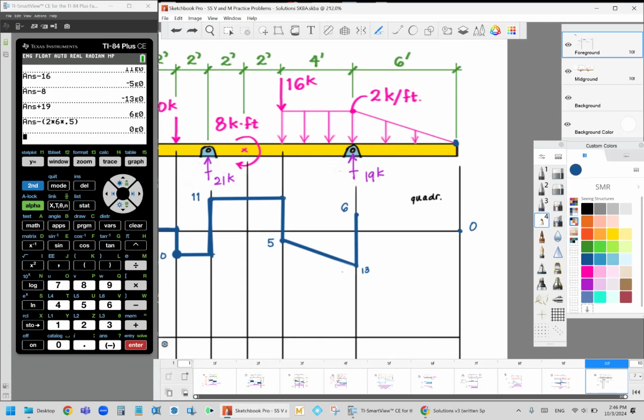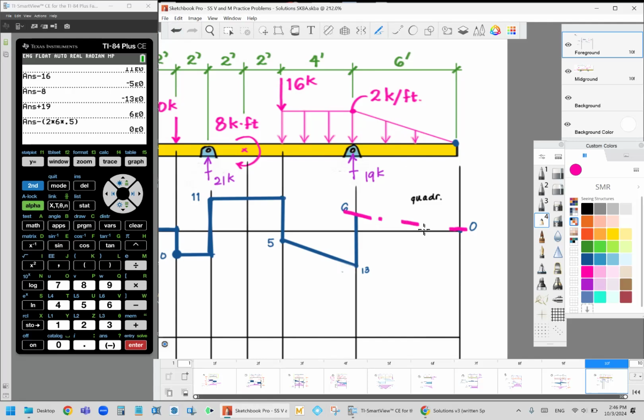So I need a slope of 0 over here. So I'll kind of dash that in, it's kind of a slope of 0. And over at the support, I have a downward slope. Okay, so something like this. And I've got half as much slope halfway across, so something like that.